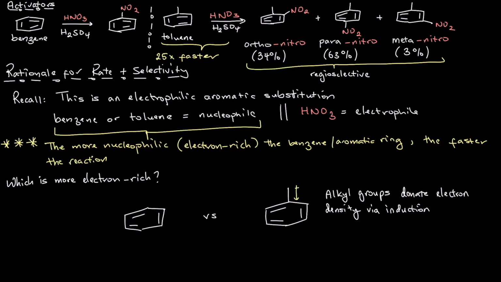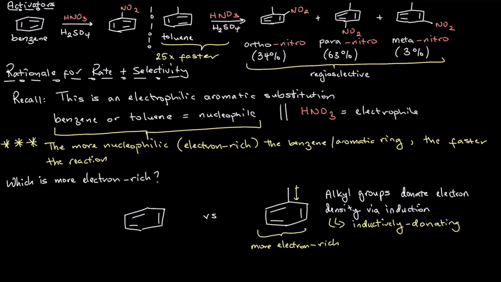And the key thing to remember here is that alkyl groups donate electron density via induction. So if you think about a dipole moment where your alkyl group is on one side and then your benzene ring is on the other side, there's going to be a dipole moment moving towards the benzene and away from the alkyl groups, which is to say that alkyl groups are inductively donating.